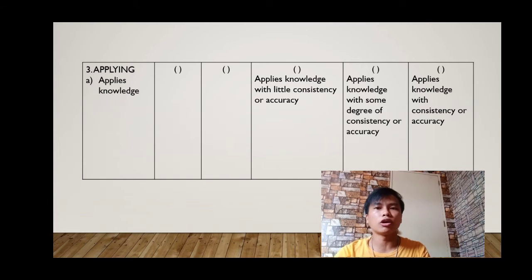So let's proceed to another category, which is capable. In the capable category, the students can apply knowledge with some degree of consistency or accuracy. The students can apply the knowledge they get in the task given to them by their teachers.